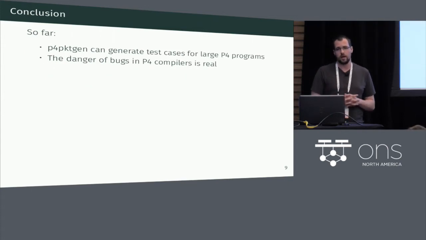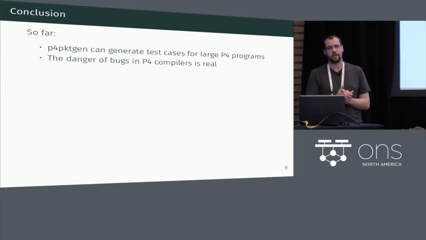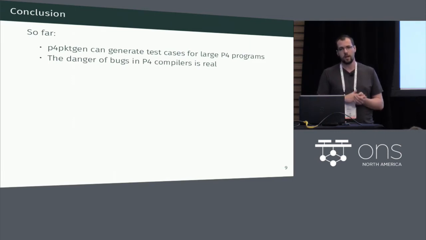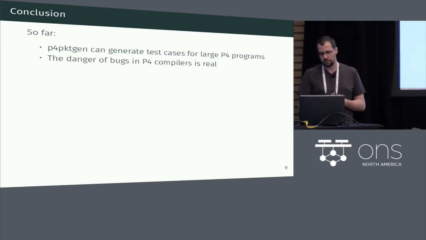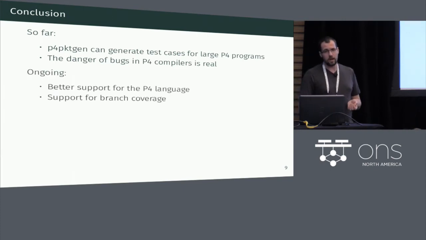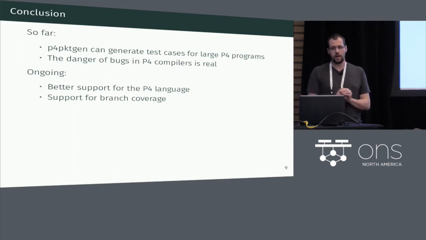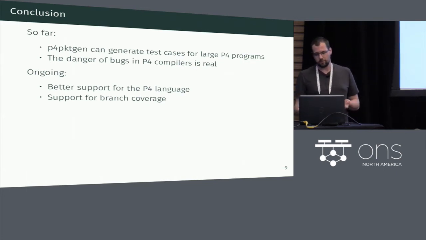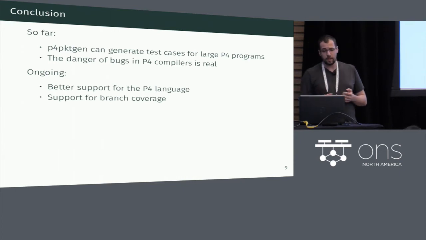So in conclusion, we've seen that p4pktgen can be used to generate test cases for large P4 programs, and also that there are bugs in P4 compilers. Now, we are far from done. We've just begun with this project. We would like to extend p4pktgen to support all of P4. For example, we currently don't support checksums.